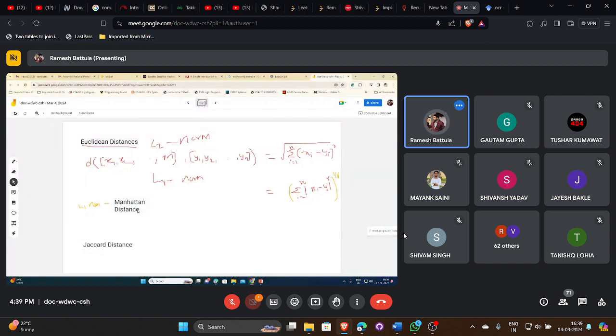Some other distances are also there, like the L infinity norm, defined as the maximum of xi minus yi over all dimensions i. So L1, L2, LR and L infinity norm, we try to understand these.